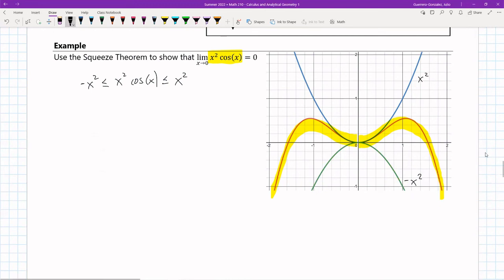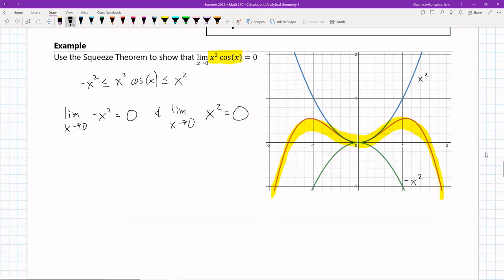Next step, we can see from here that the limit as x approaches 0 of minus x squared is going to be 0. And the limit as x approaches 0 of x squared, the positive function, that is also going to be 0.